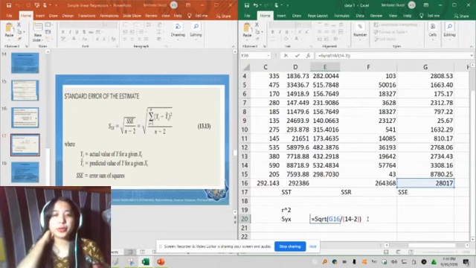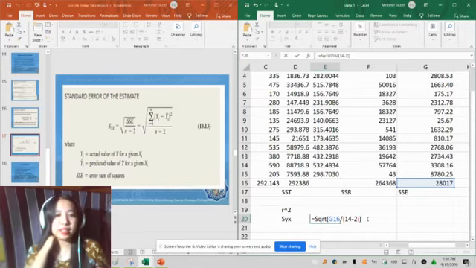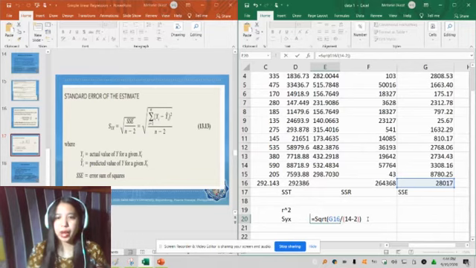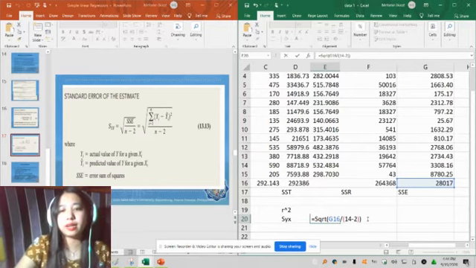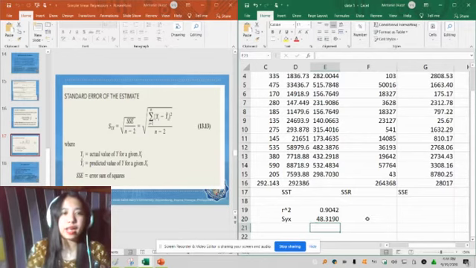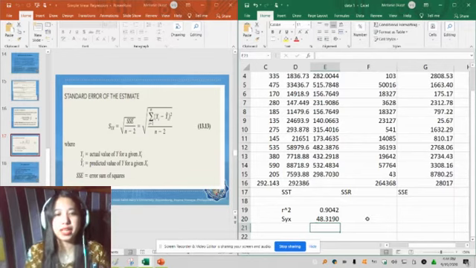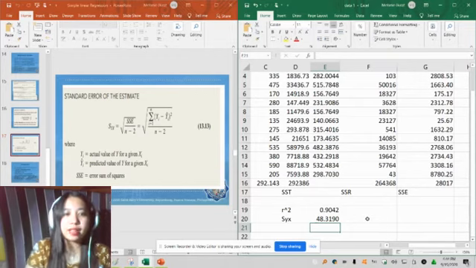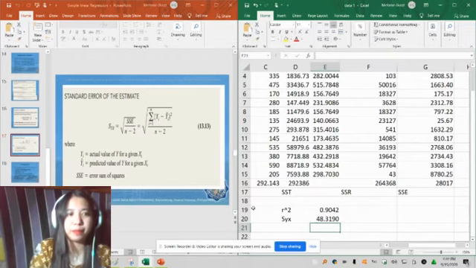So it is the square root, open parenthesis, our SSE all over 14 minus 2, and then close parenthesis. So our standard error of estimate is 48.3190.